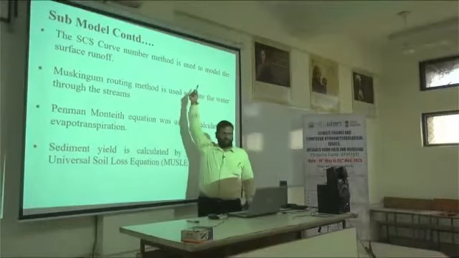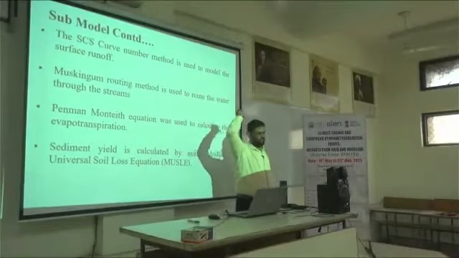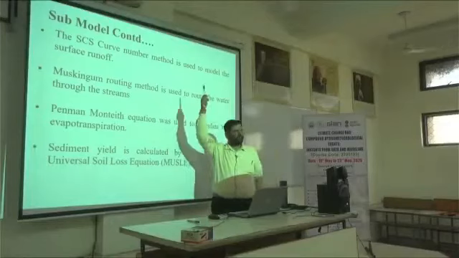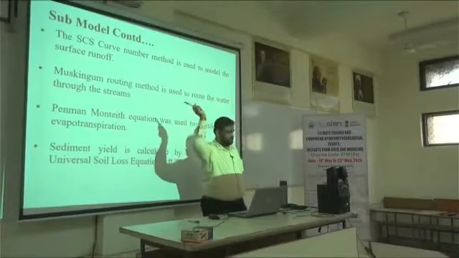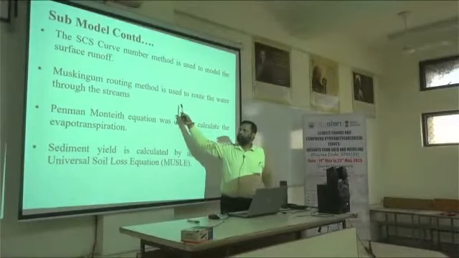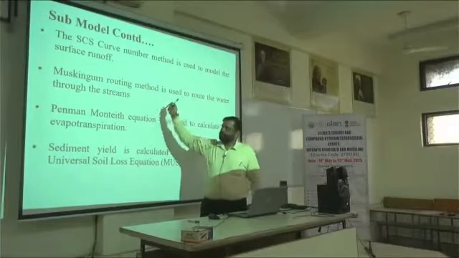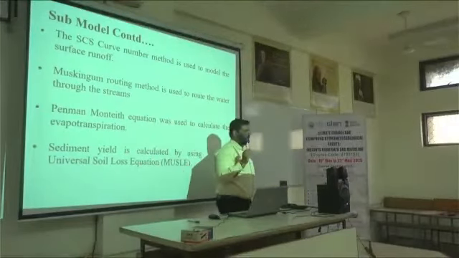We are not going into details because all these are already given in your textbooks and the SWAT manual. I'll show that on the SWAT website also. Everything is available. Then it uses the Muskingum routing method for river routing.